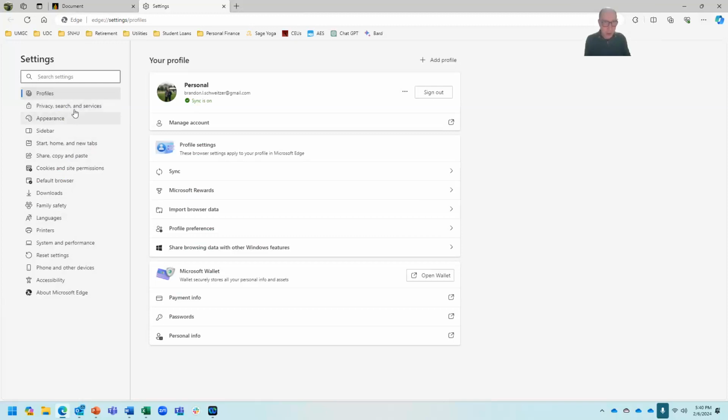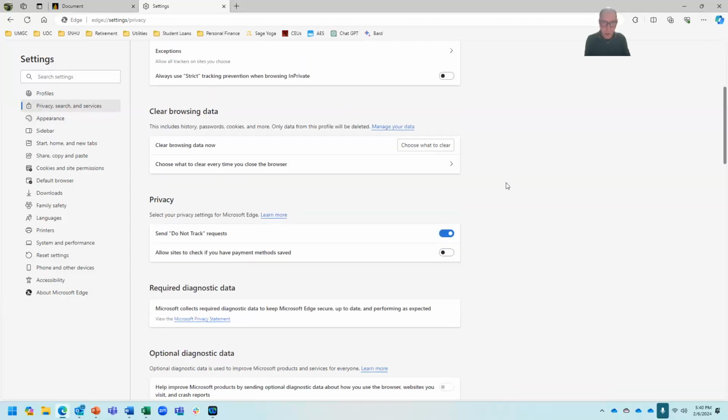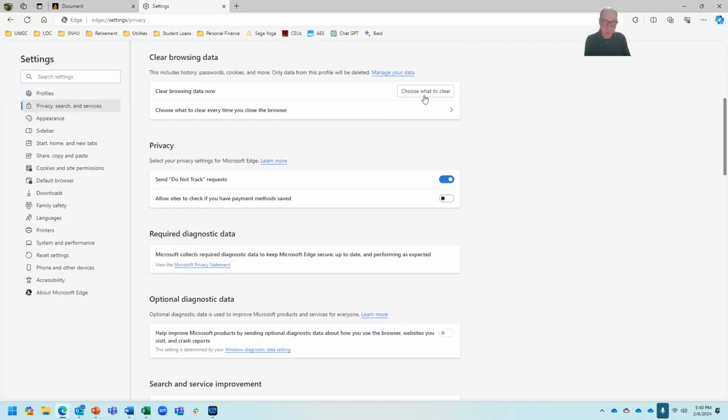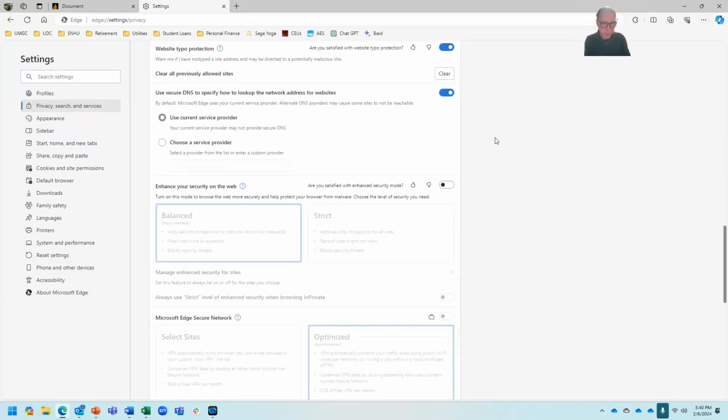If you come down to privacy and search, you want to clear your cache. Ultimately, what I'm talking about is clearing your browsing data. You could keep your passwords and stuff like that if that's what you do, but that's one of the first things you need to do.